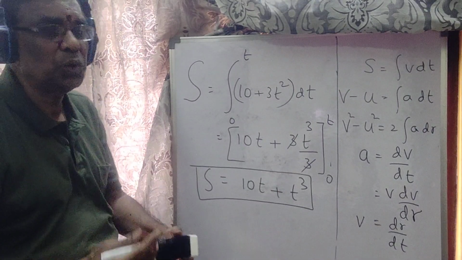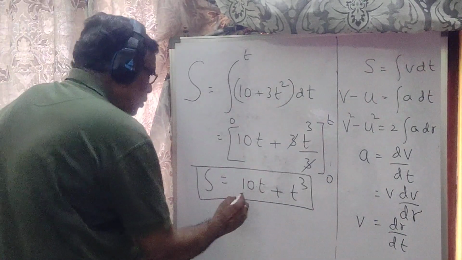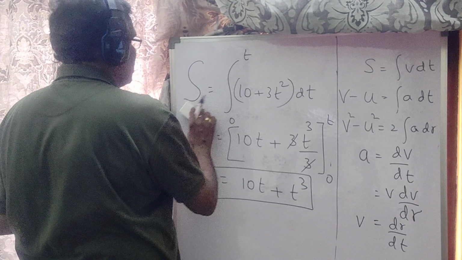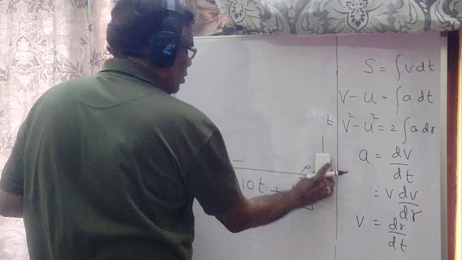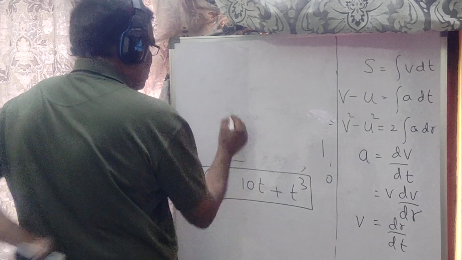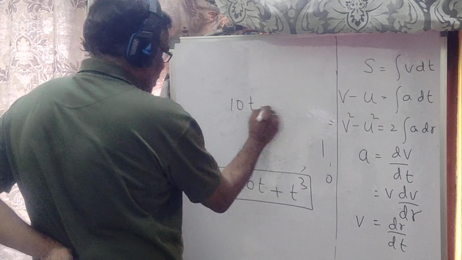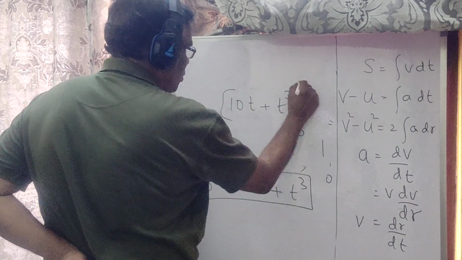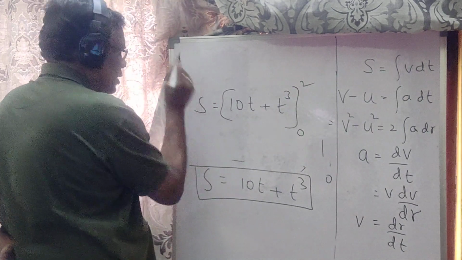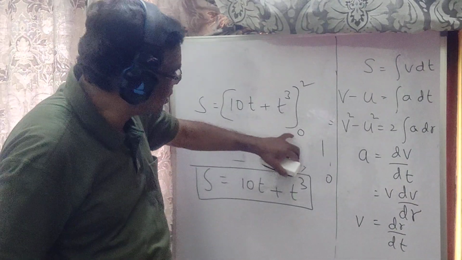And 0 to 2, he said. So, how to get the answer? I erase this again. Instead of 0 to t, you write 0 to 2 to get the displacement during the first 2 seconds.